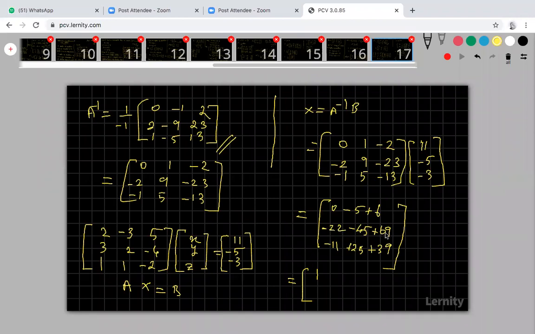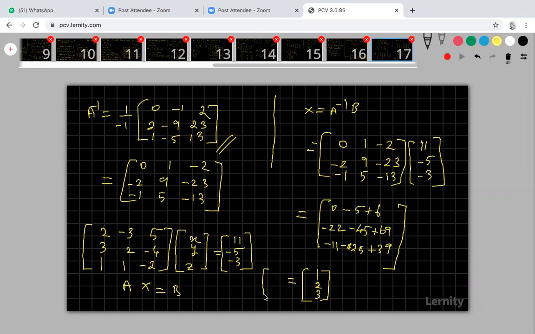Minus 67 plus 69, the answer is plus 2. And look at this. This is minus 25, minus 11. What is the answer? So therefore this is minus 36. Minus 36 plus 39, what is the answer? It is 3 only. So therefore I will get 1, 2, 3.